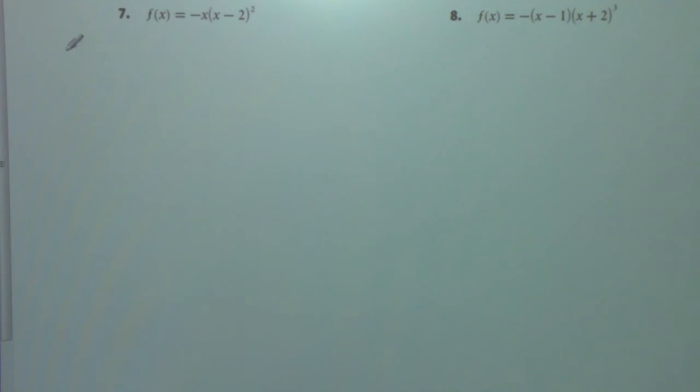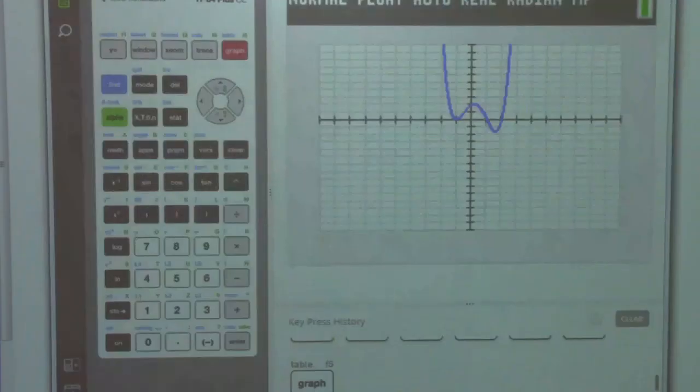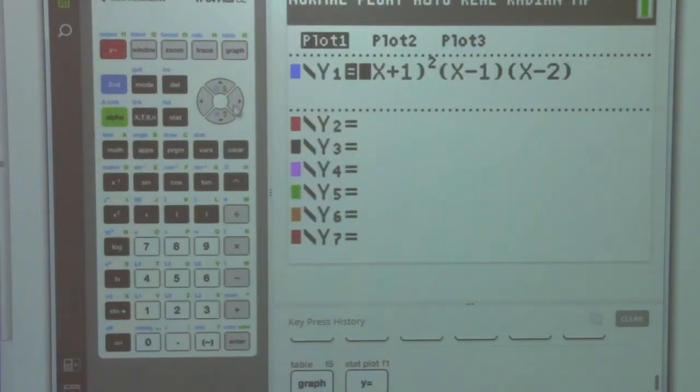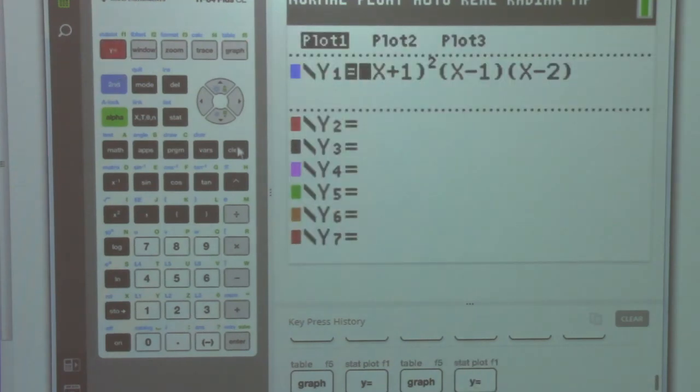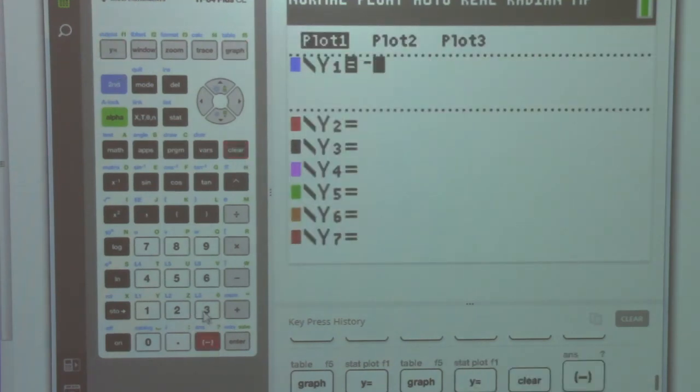I don't know if it's working. So negative x minus 2 squared. Like this.